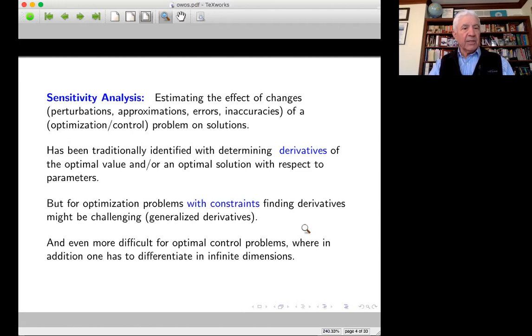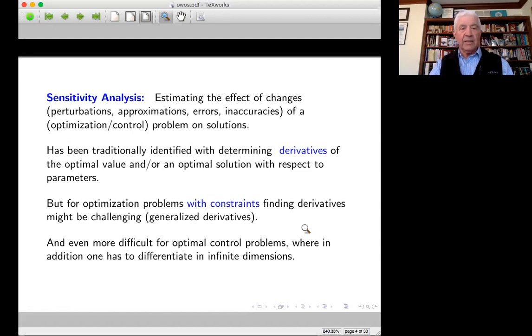It has been traditionally identified with determining the derivatives of the optimal value and optimal solution with respect to parameters, and this is quite natural because the derivatives are measuring the sensitivity, the rate of changes.